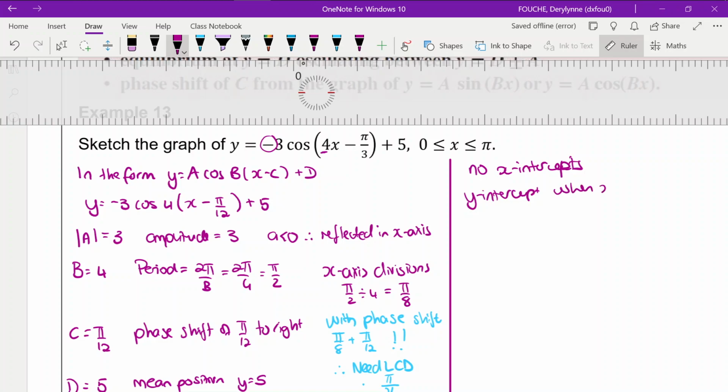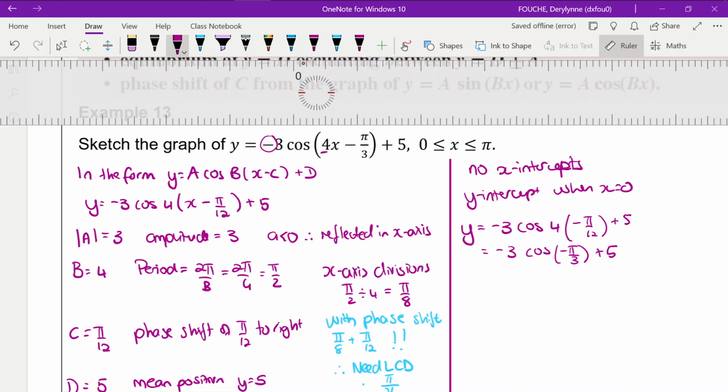My y-intercept happens when x equals 0, so I have y equals -3 cos of 4 times -pi on 12, plus 5. That gives me -3 cos of -pi on 3, plus 5.